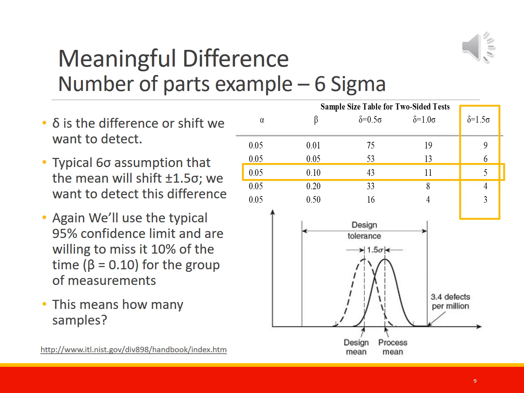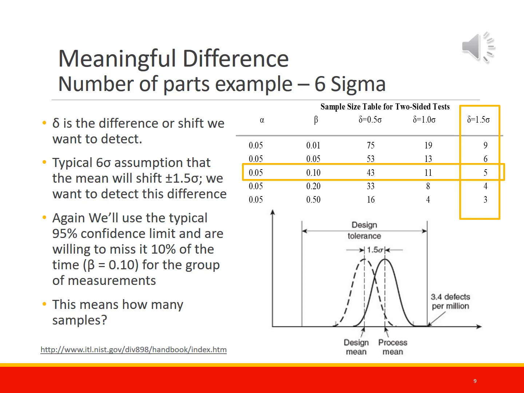So we're saying that our total variation that we would expect is 1.146 standard deviations, right? This includes all the variance of the population, the parts, appraiser, measurement equipment. Del then is the difference or shift we want to detect. So let's choose the typical 6 sigma assumption that the mean will shift 1.5 sigma. That's the difference we want to detect.